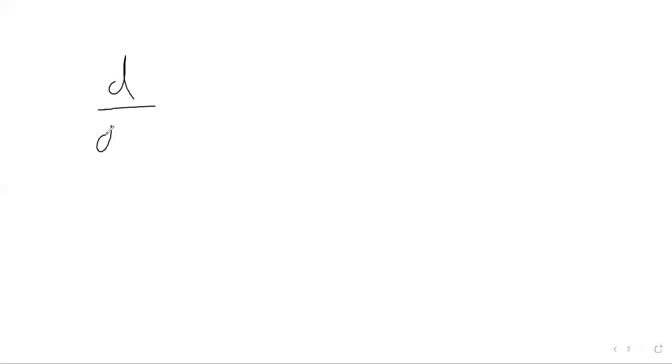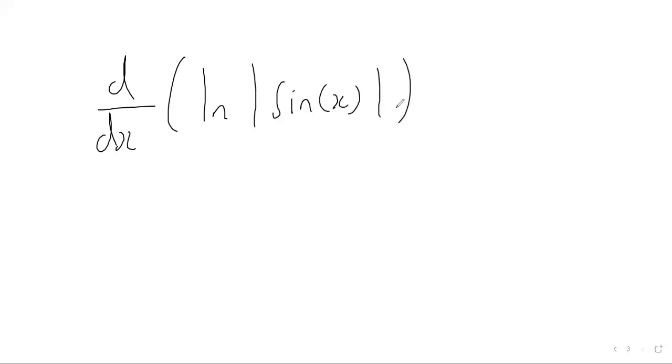So differentiating with respect to x, the ln of the modulus of sine of x function actually just gives us the cotangent function of x. And let's just consider where this function is valid. This function is only going to exist if this sine of x value is a real value. You can take the natural log of only positive numbers.